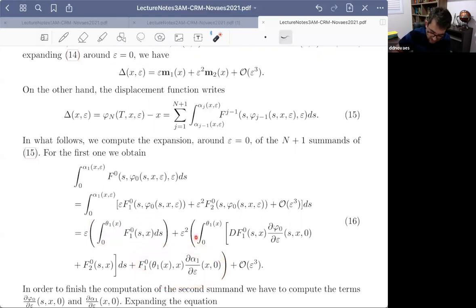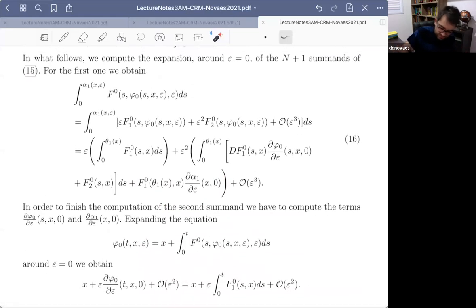Note that here is a term corresponding to the average function that we already have. If you look at the formula of F2, you see the derivative of the vector field multiplied by y1, which is exactly the derivative in epsilon of the solution, plus the second order term of perturbation. So this term is new here, and it only appears after the second order.